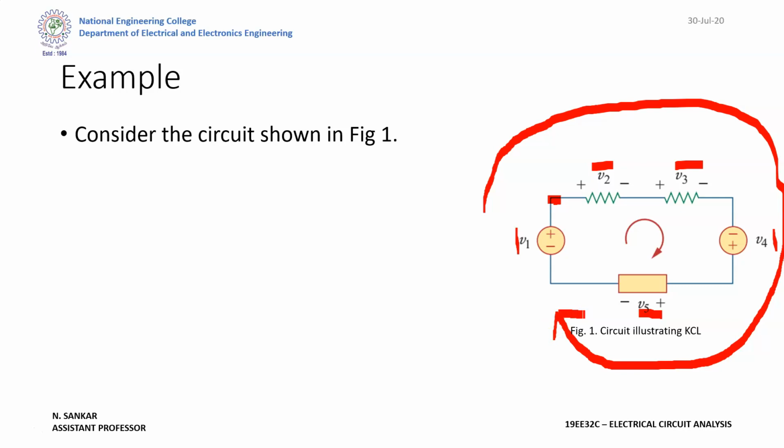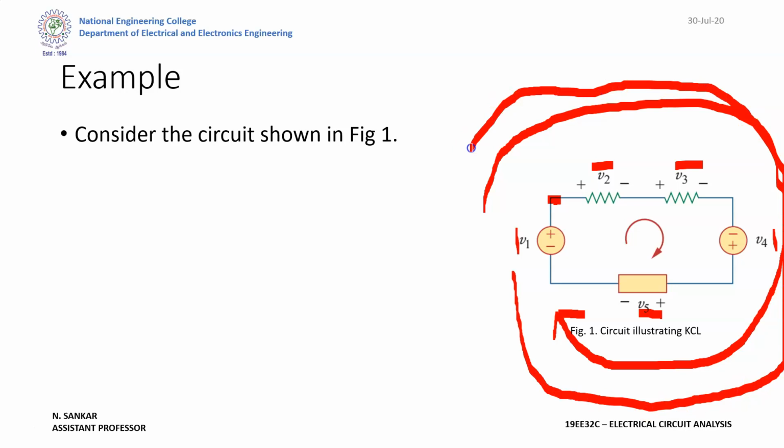If you want, you can take anti-clockwise, where the current travels from negative, that is from V1 to V4 like this. You can take either clockwise or anti-clockwise, but you have to follow the same direction throughout the sum. You don't have to mix them.